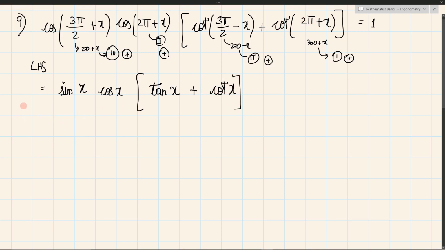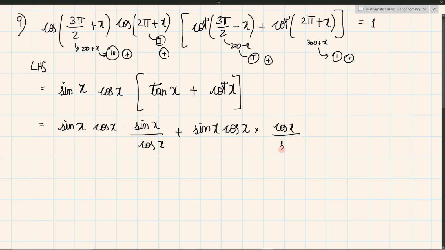So this is nothing but sin x cos x into sin x by cos x plus cos x by sin x. I've just written the tan in terms of sin by cos and cot in terms of cos by sin, and then multiplied with all the terms, right?